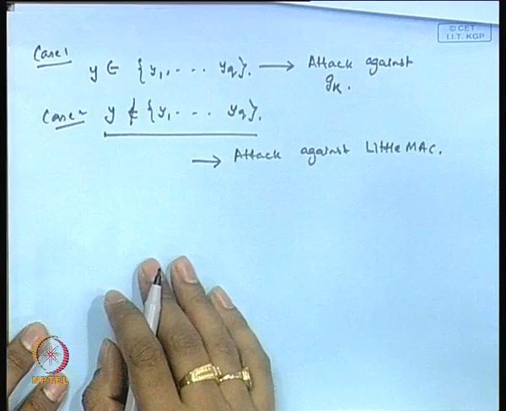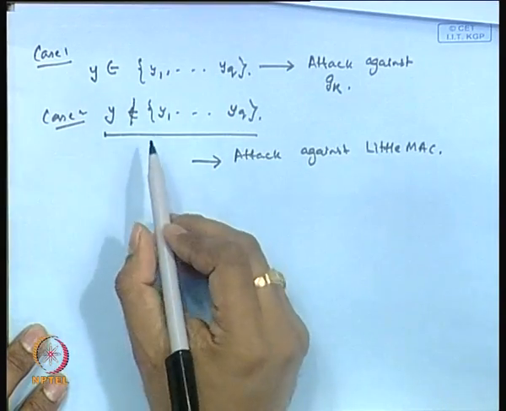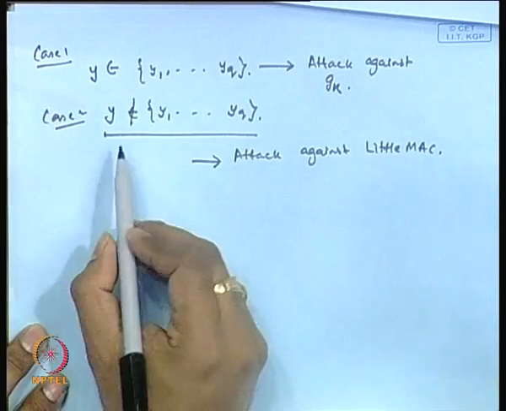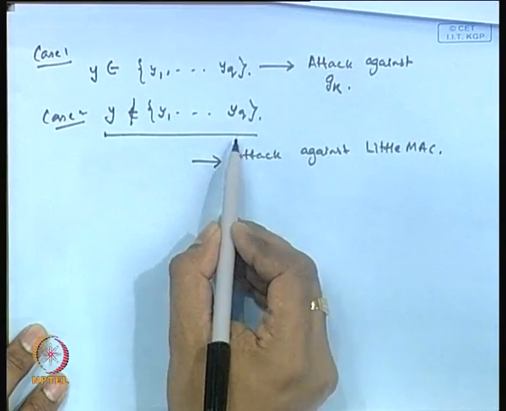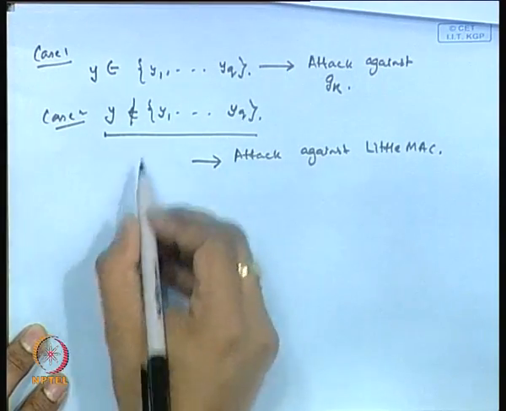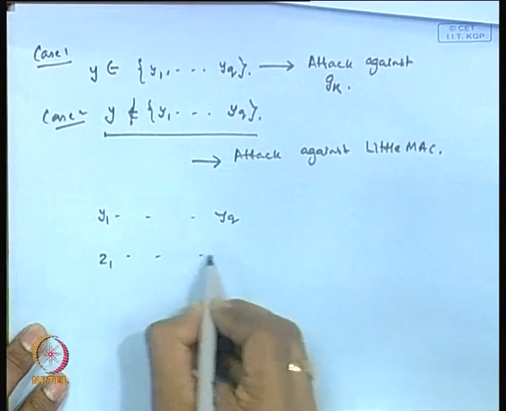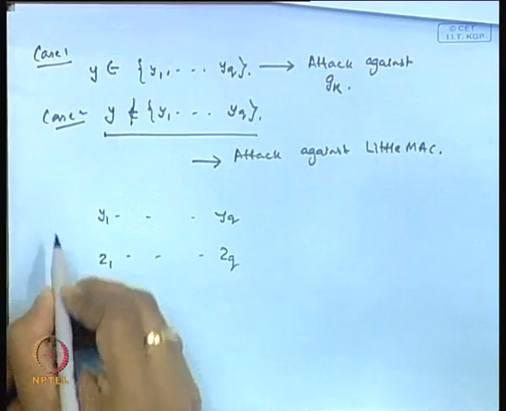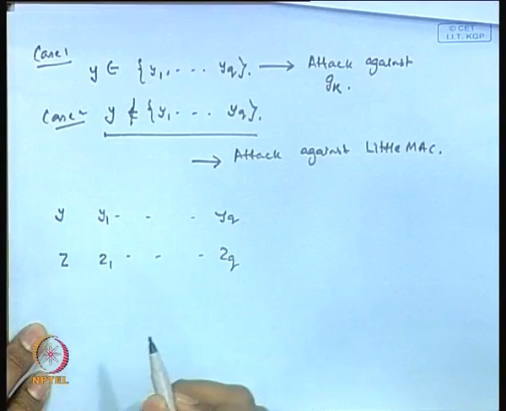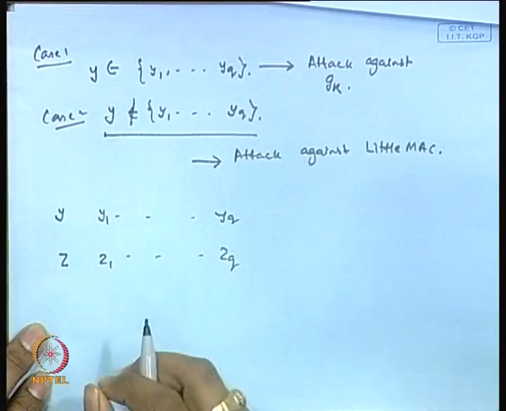Why is case 2 an attack against the little mac? Because what is the objective of the little mac attacker? It will take y1 to yq and ask for the corresponding outputs, which are z1 to zq, and it also knows y and z, because it knows z from the previous oracle's output.